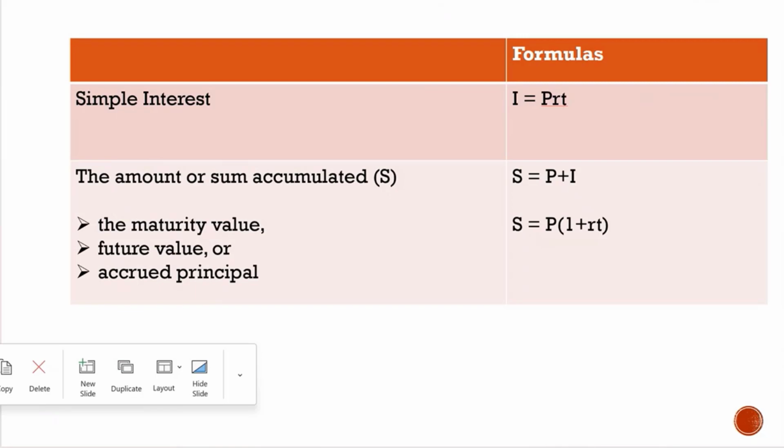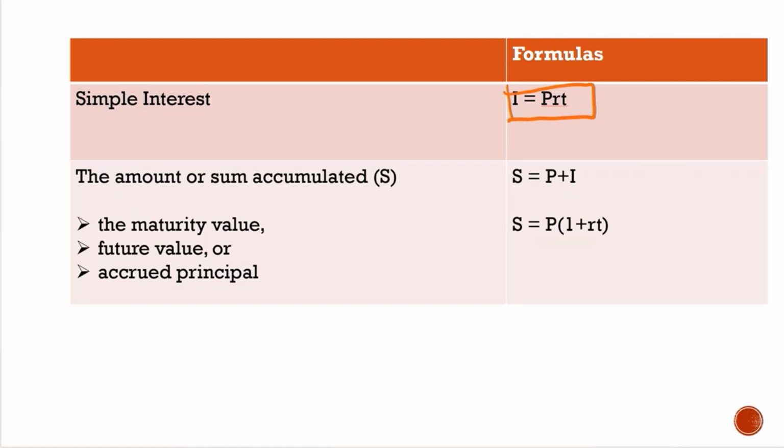Now remember we said there is a simple interest, and there is also an interest rate. The simple interest is the value. This is a very important formula that you will find throughout this course. When we are doing amortization, we are going to be referring to this formula.